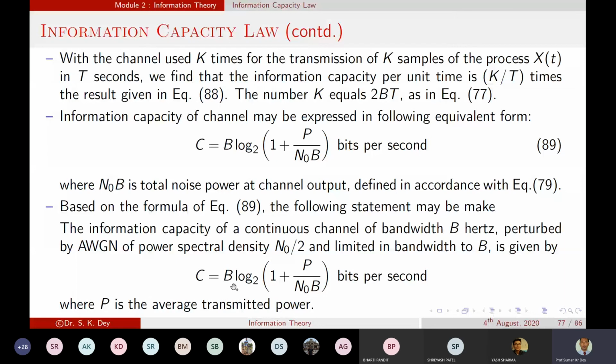So we can calculate C equals B log base 2 of (1 plus P by N0 B). P is the signal power and N0 B is the noise power.